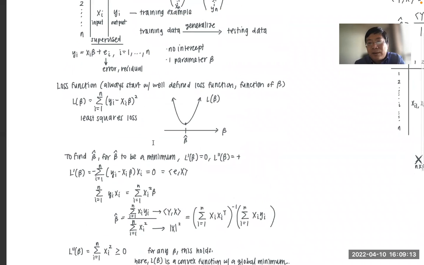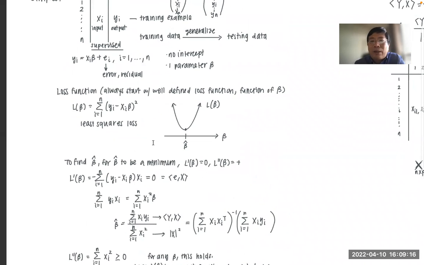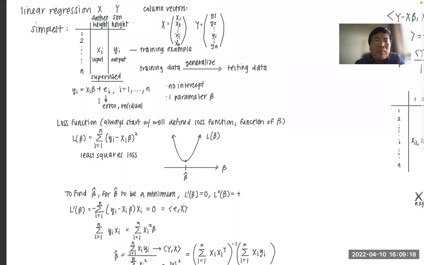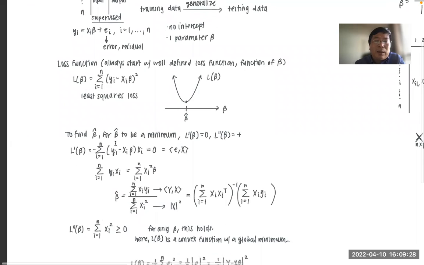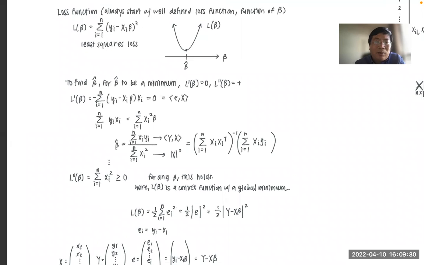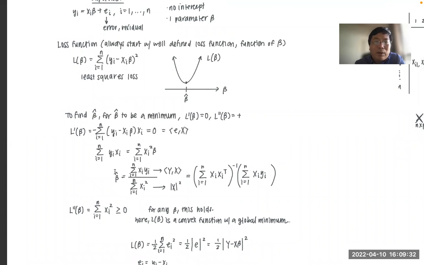Okay, so now you see the steps that we have, right? We collect our training data, and then we try to learn a model, either linear or nonlinear. And then we come up with a loss function, the least square loss function. And then we estimate our beta, or we learn this beta, by minimizing this loss function to get our beta hat.